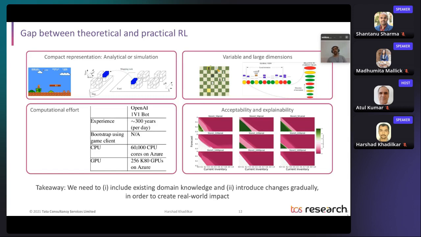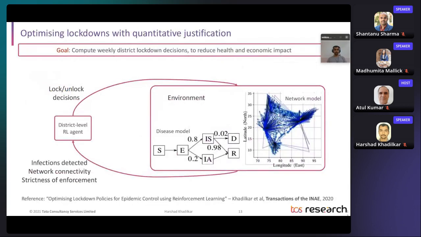This is where many existing algorithms break down, and that is the kind of challenge that we are particularly interested in. So this is an example of something we have done. In the COVID lockdown, we saw that there were a lot of decisions about district lockdowns or unlock happening without too much quantitative justification.